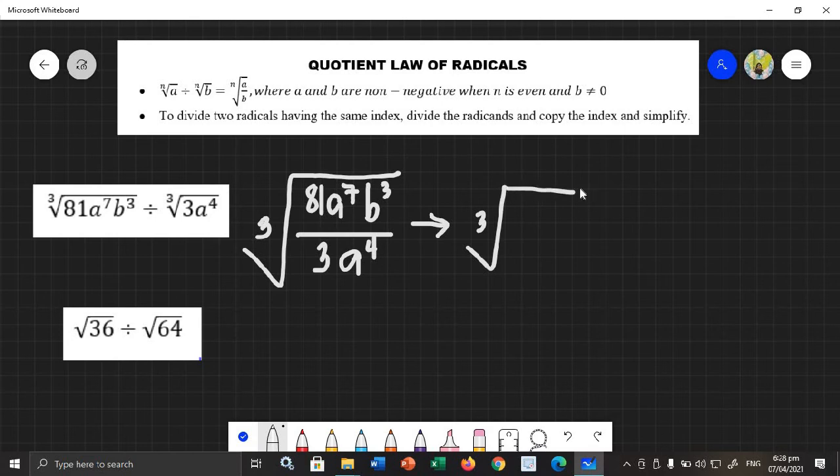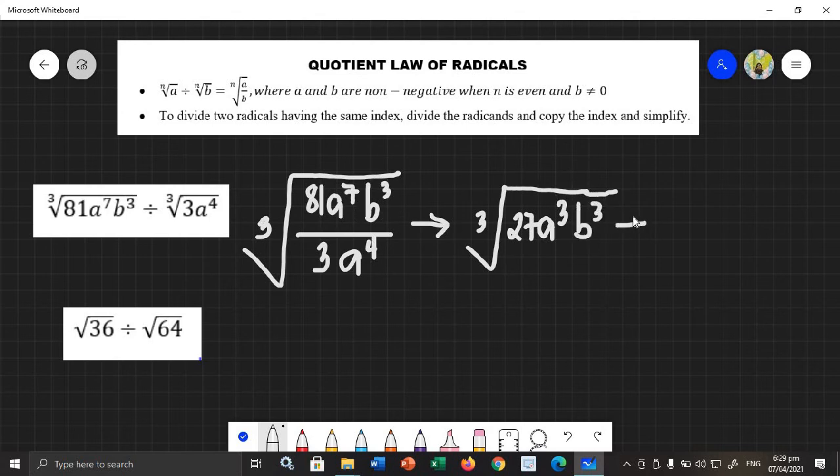The cube root of 81 divided by 3, the answer is 27. A raised to the 7th power divided by a raised to the fourth power. The answer is a raised to the third power. They have the same bases, so you can subtract their exponents and copy b raised to the third power.